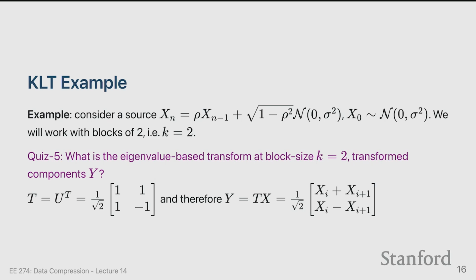You are taking a normalized version, some constant here, and your first component is the sum of the two elements in your block, and the second component is the difference between them. What the KLT does is that these are decorrelated components. Actually, I shouldn't have given that away, but we'll see that this results in decorrelated components.